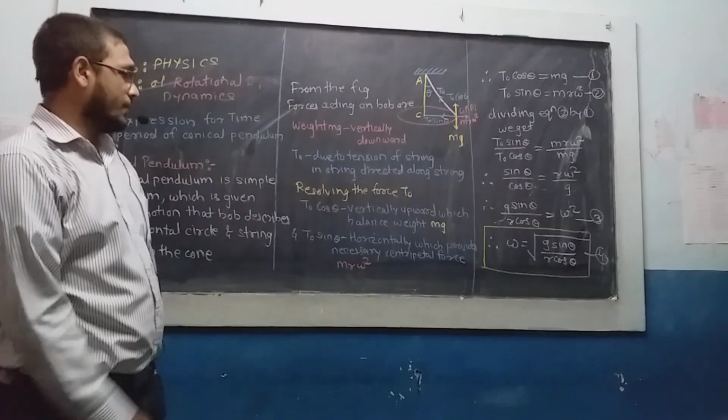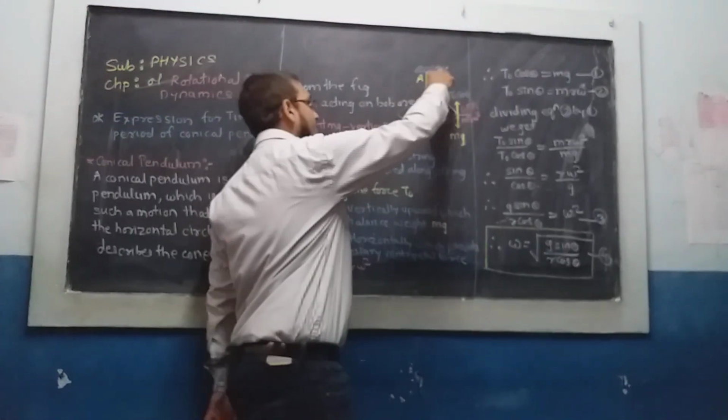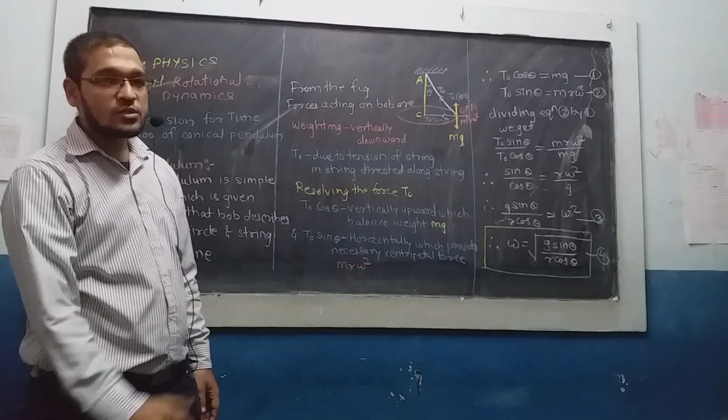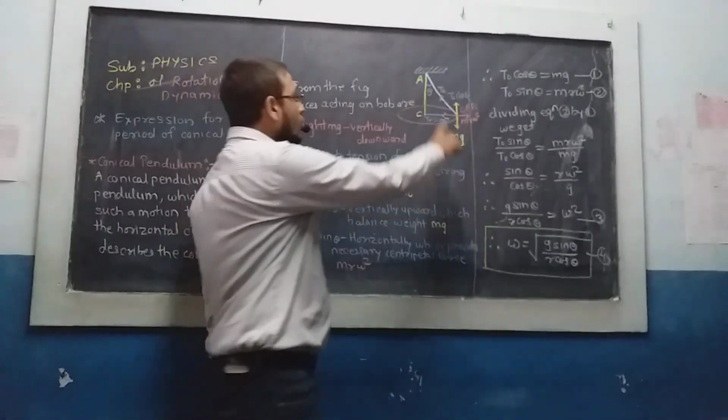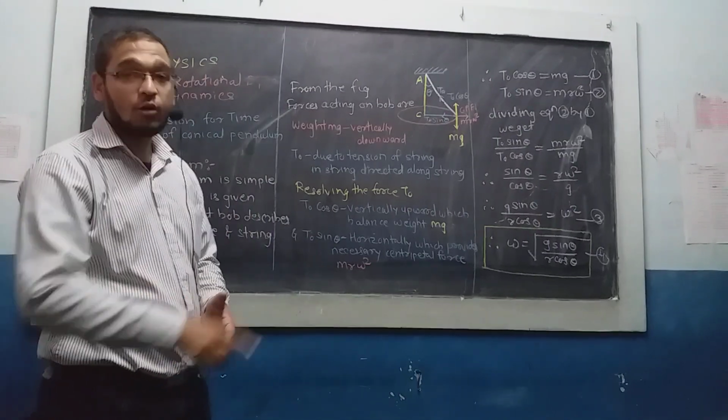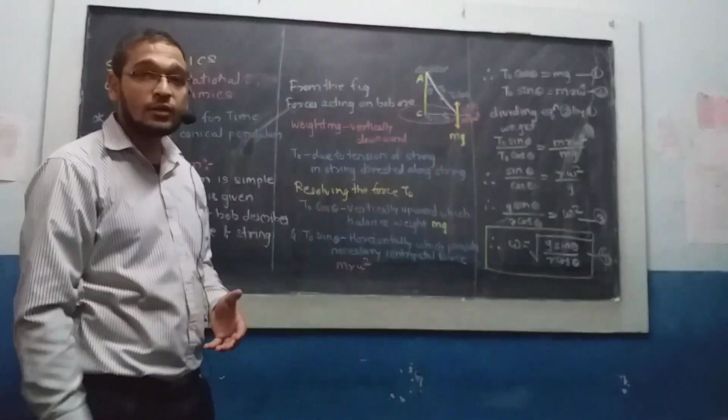Now this tension T0 is inclined, so we have to resolve this tension. We have learned how to resolve forces along the vertical and horizontal directions. So we resolve this tension T0 along the vertical direction and along the horizontal direction.